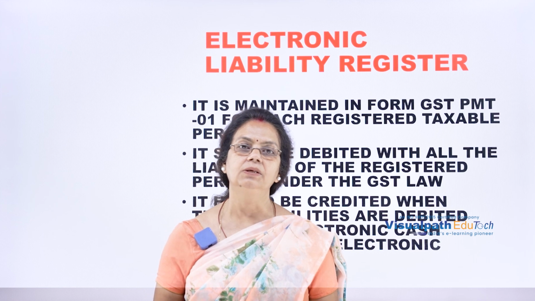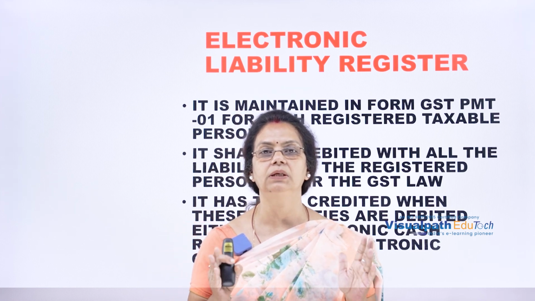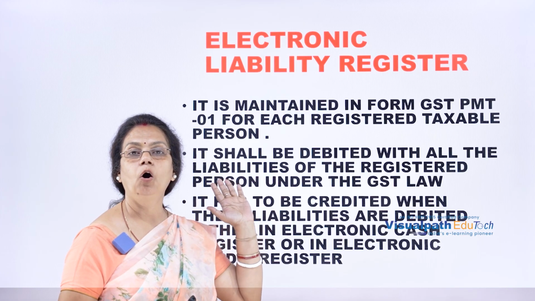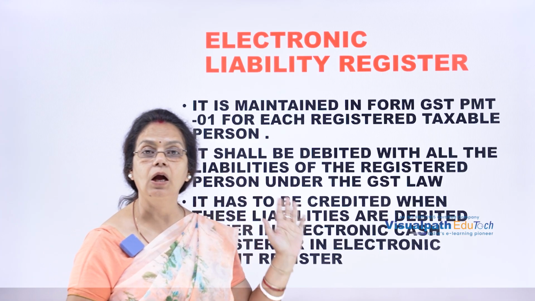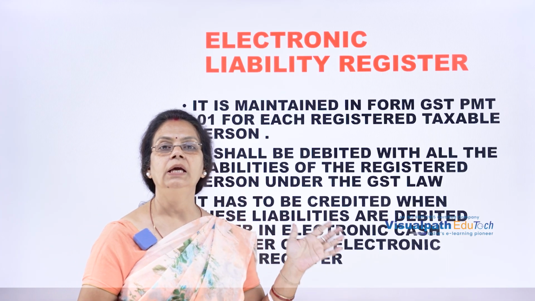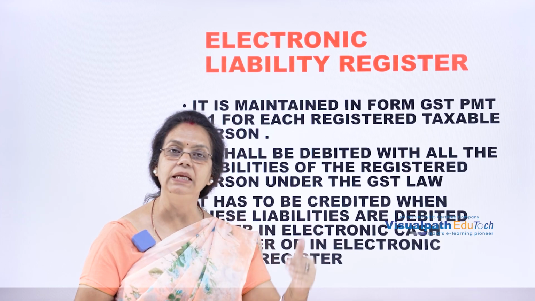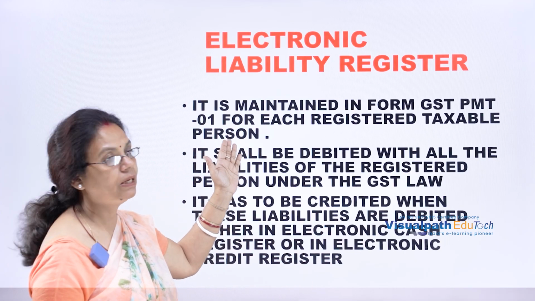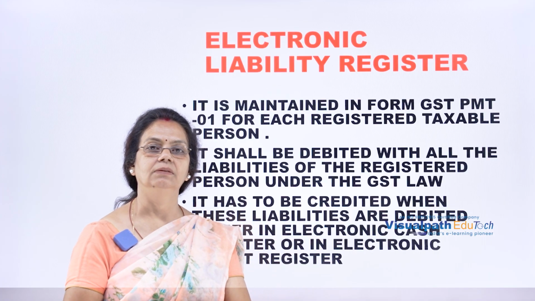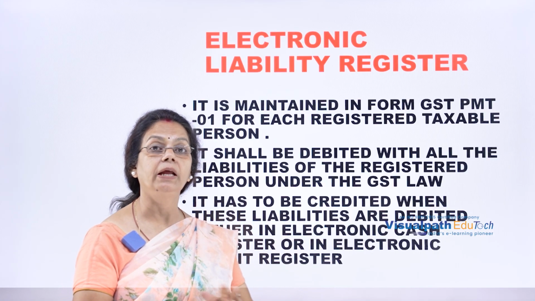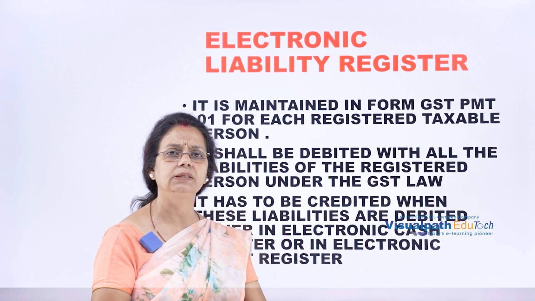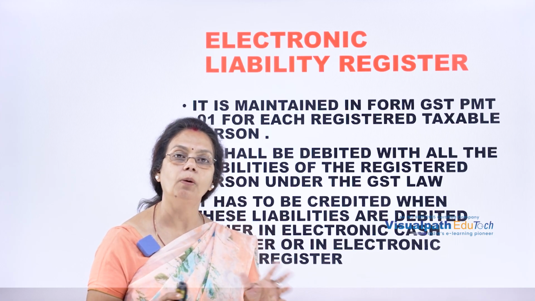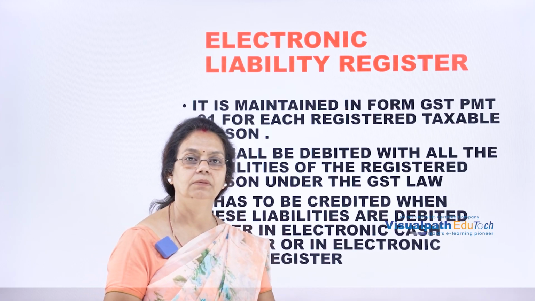This is all about the register maintained by the GST authority for recording the GST payers list, known as the electronic liability register. All the liabilities will be recorded there. It is a recording register which is operated electronically, online.